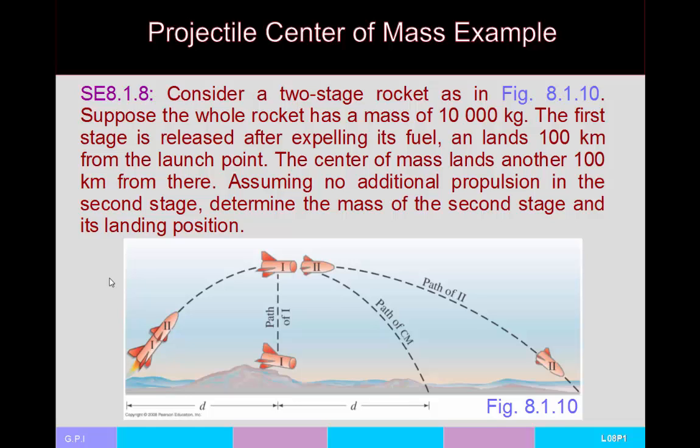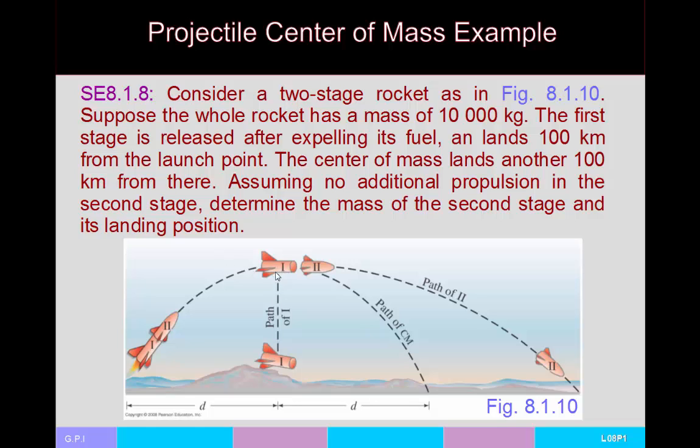So let's do a little example with that. Let's take a simple two-stage rocket, and we give the whole rocket a mass of 10,000 kilograms. So the first stage is released after expelling the fuel and lands 100 kilometers from the launch point. So, here's our rocket. It's going. It runs out of fuel here at the apex, and if the whole rocket stayed together, then it would have landed here.